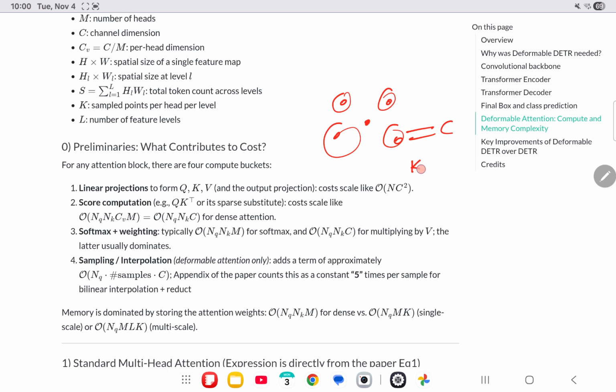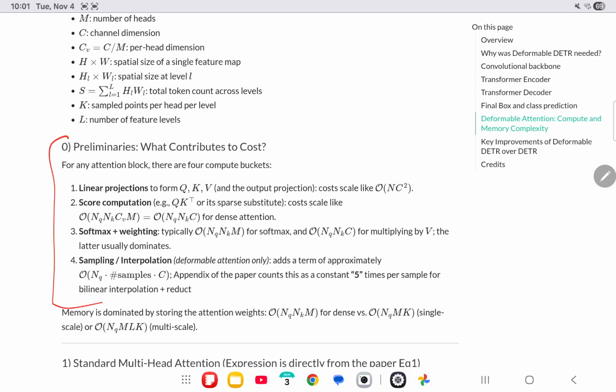The cost depends on the number of queries, the K points per query, and the channels. They say the cost of bilinear interpolation is about 5 times per sample, from the paper. So it will be of order 5 N_q K C. That will be the major computation contributing to the cost.